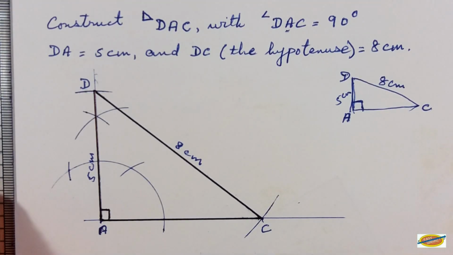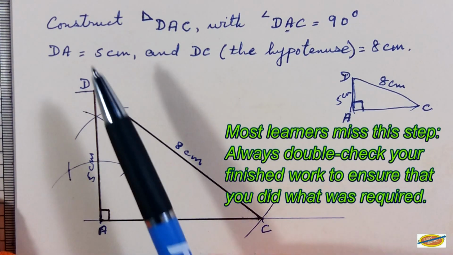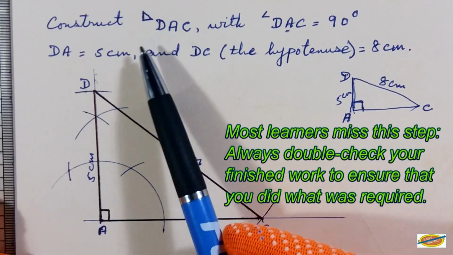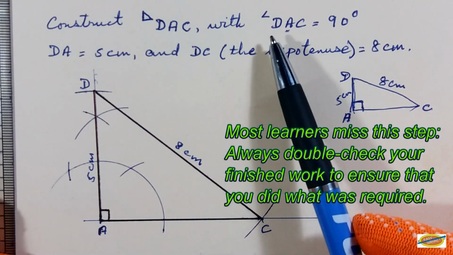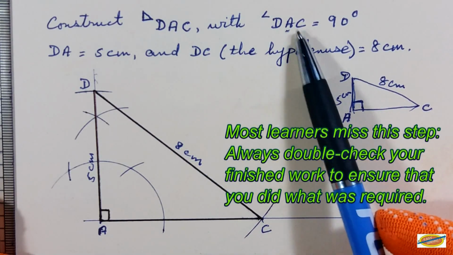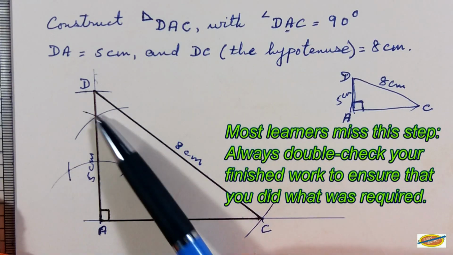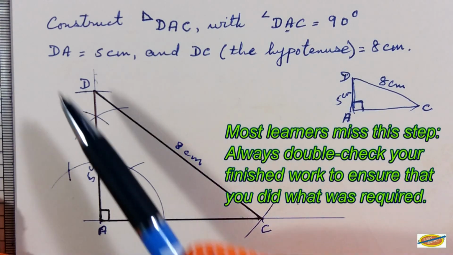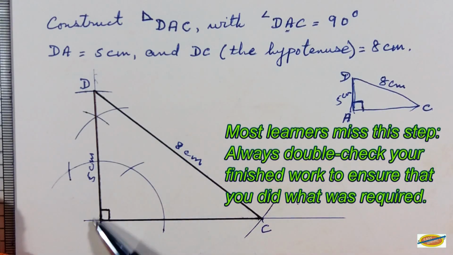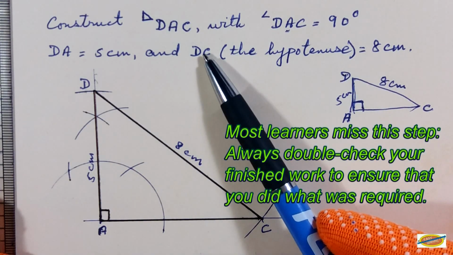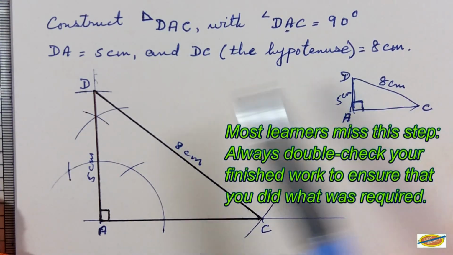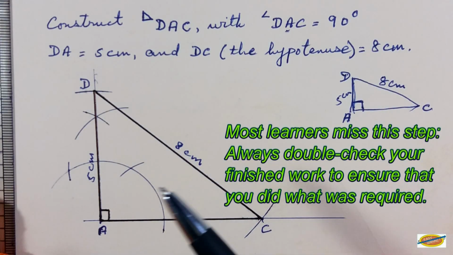And so construct triangle DAC with angle DAC equal 90 degrees, DA equal 5 centimeters, and DC, which is the hypotenuse, equal 8 centimeters.